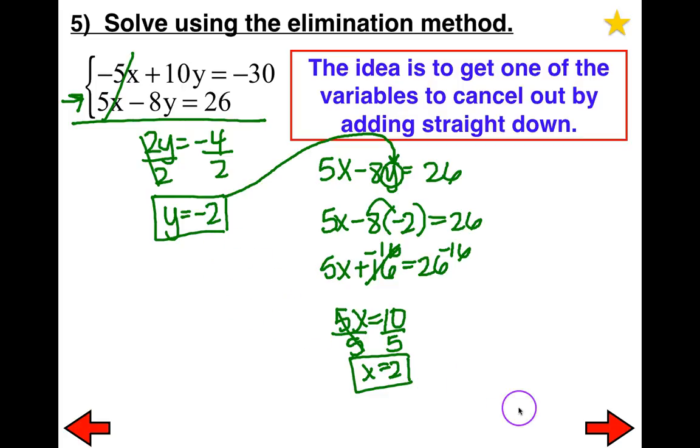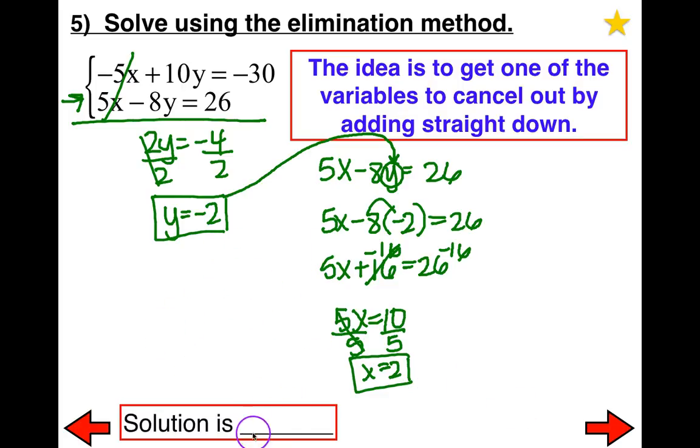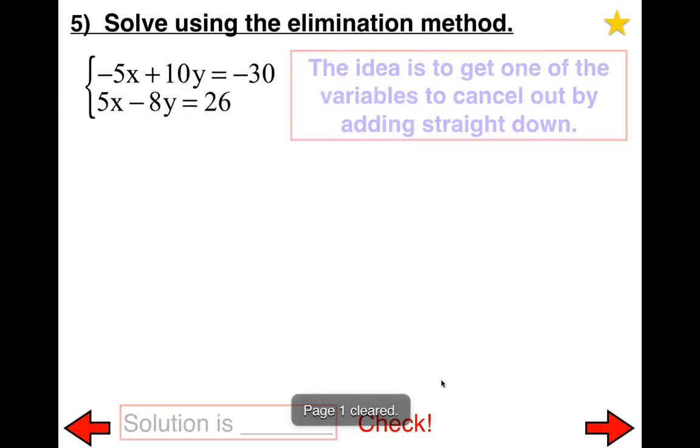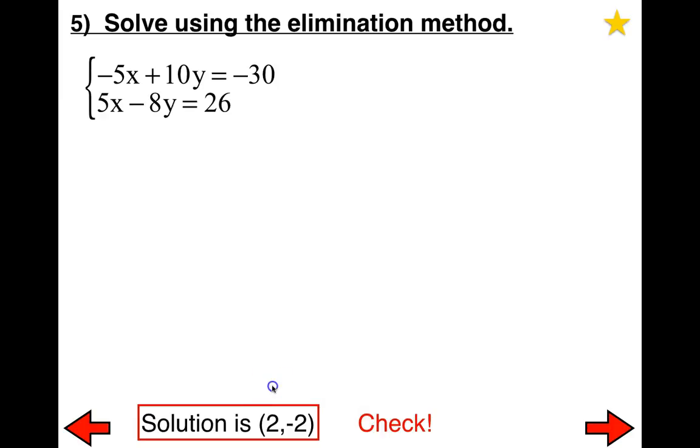So now that I know the value of x and y, I'm going to go ahead and say that I think the solution is, positive 2, because x goes first, comma, -2, y goes second. But again, you always say you think at first because you still need to check your work. So let's go ahead and check the work. The x's are 2, the y's are -2.